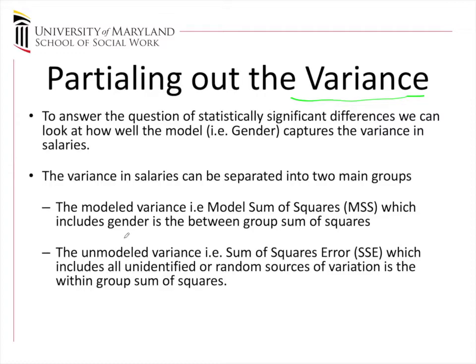So we have the model, which is the between groups, between gender variability. And that's represented by the difference between the mean of men and the grand mean, and the mean of women and the grand mean. And that's that variability. And then within those groups, the difference between all of the men and the men mean and all of the women and the women mean represent the remainder of the variance, the sum of squares error, or the residual.